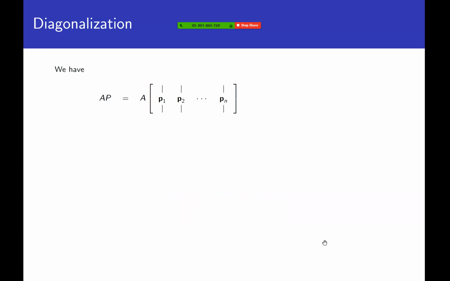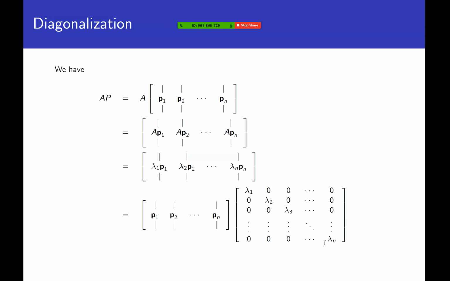And then going through the same kind of computations that we did before, A times P basically just runs A through the columns of P. But remember how we created P? We created P by using eigenvectors, so we can replace each of those matrix multiplications with scalar multiplications. Then I can break apart that matrix again just by looking at how things get multiplied together.